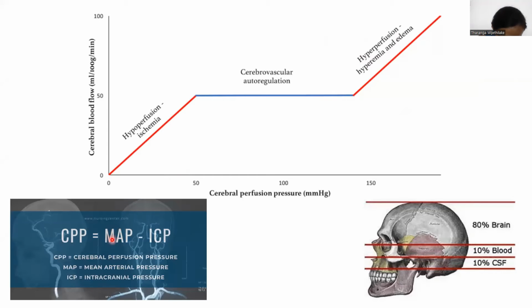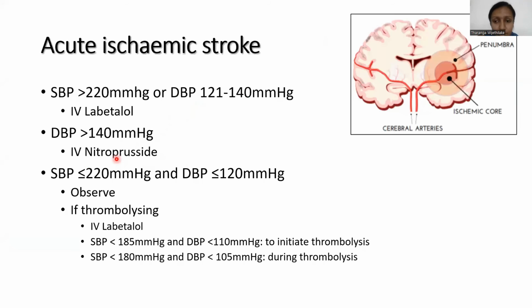MAP goes down, ICP is going up, your cerebral perfusion pressure will go down. So you will end up here with further ischemia. That is why we don't generally go for a rapid or a tight control of blood pressure in acute ischemic strokes.